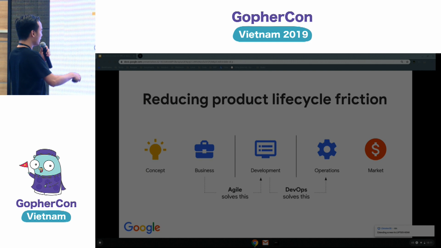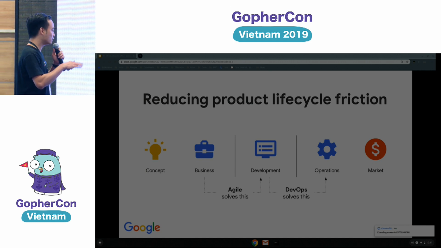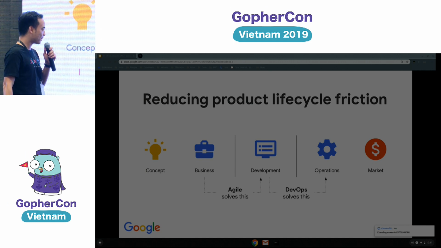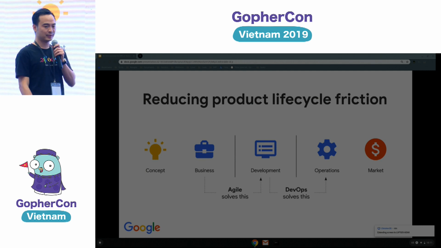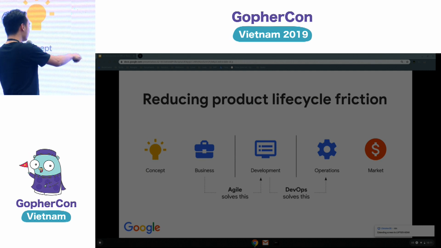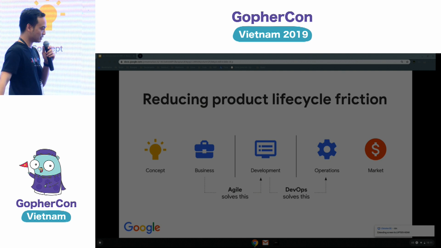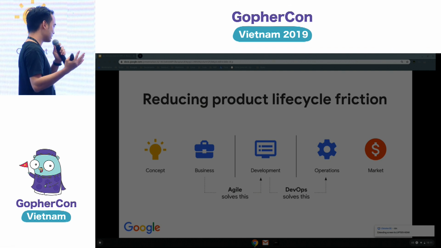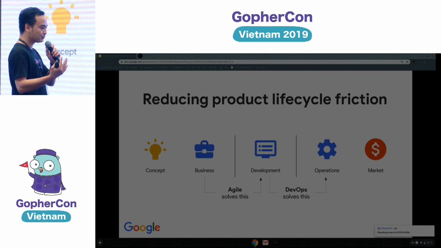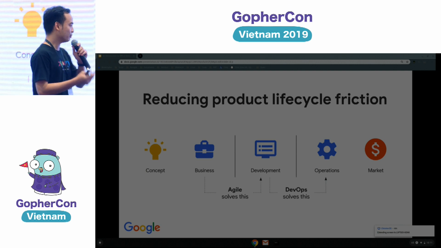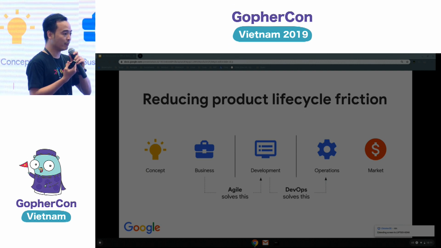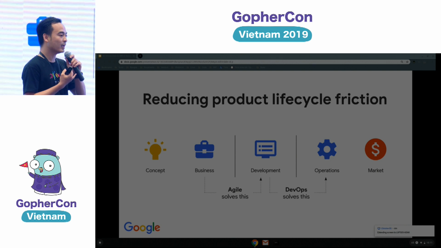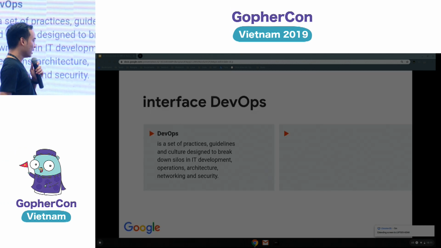During the business planning and the development, some of this is solved. And then DevOps came up to solve the tension between development and operations. What DevOps actually does is try to break the silos between the development team, business team, and the operation team.